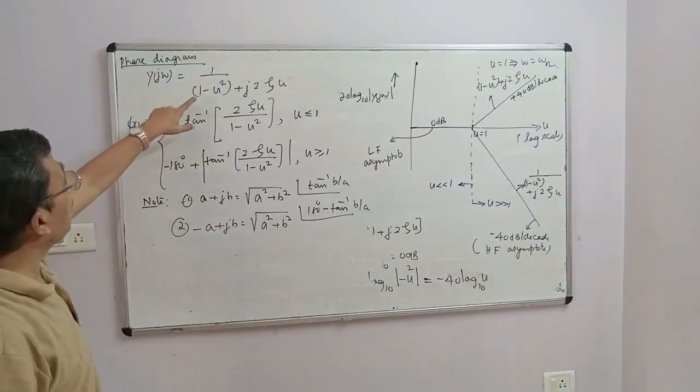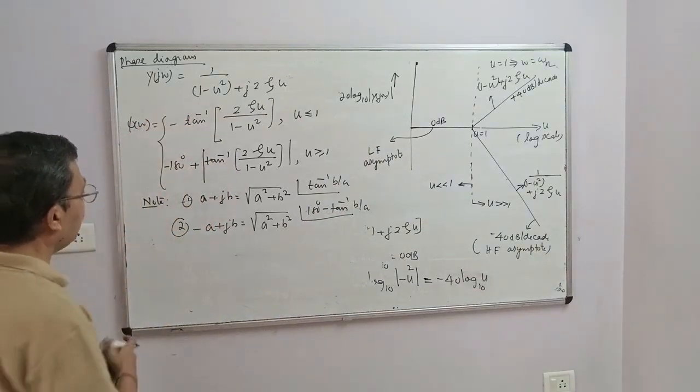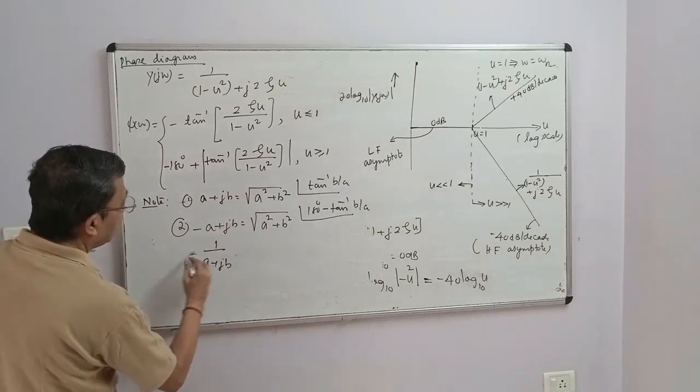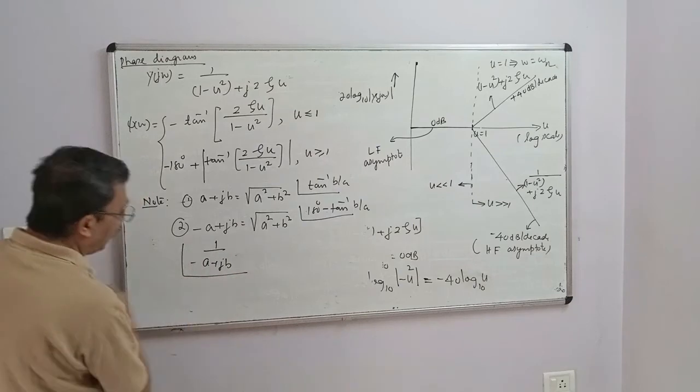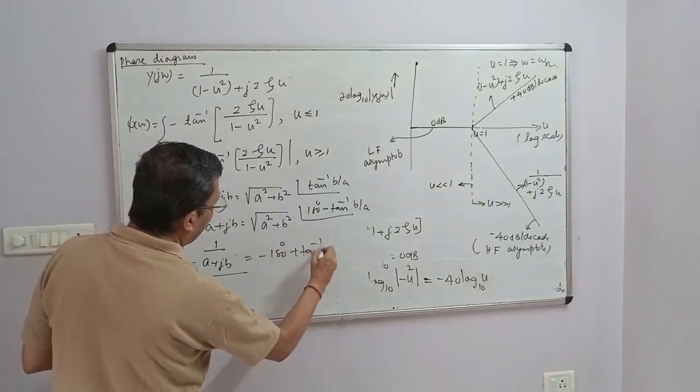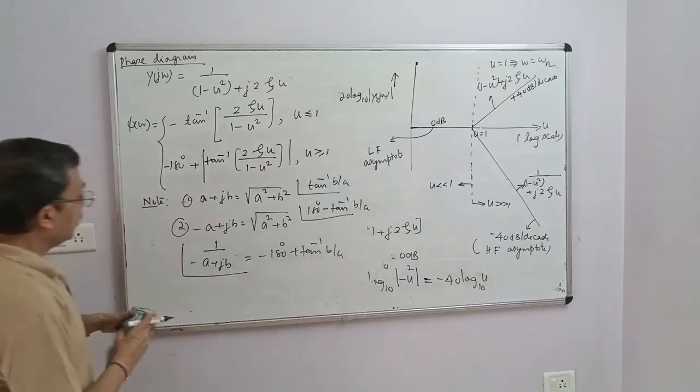So since the complex number is in the denominator, if you have 1 over minus a plus jb, the angle will be minus 180 degrees plus tan inverse of b by a.